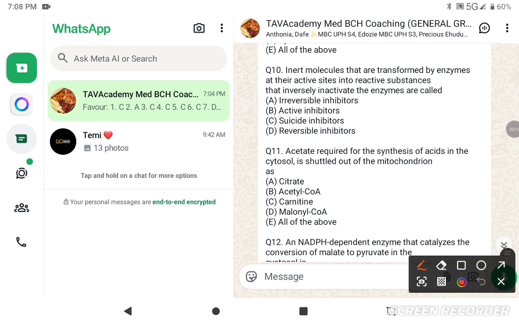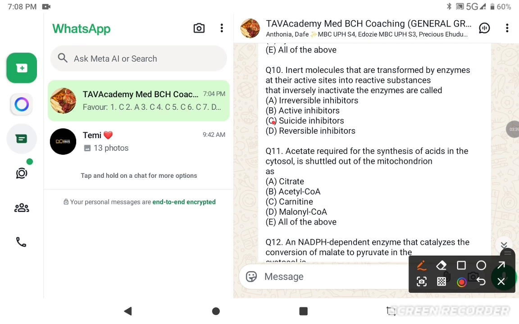It says inert molecules that are transformed by enzymes at the active site into reactive substances that irreversibly inactivate the enzymes are called. I used an example. I said the enzyme is a rich lady that picks a poor boy that she loves and makes the boy rich. She activates the boy and the boy ends up inhibiting her. So she committed suicide without knowing. So that's called suicide inhibitors.